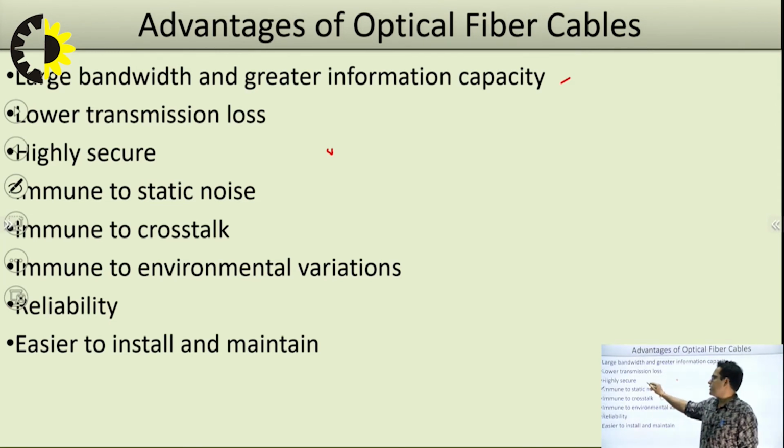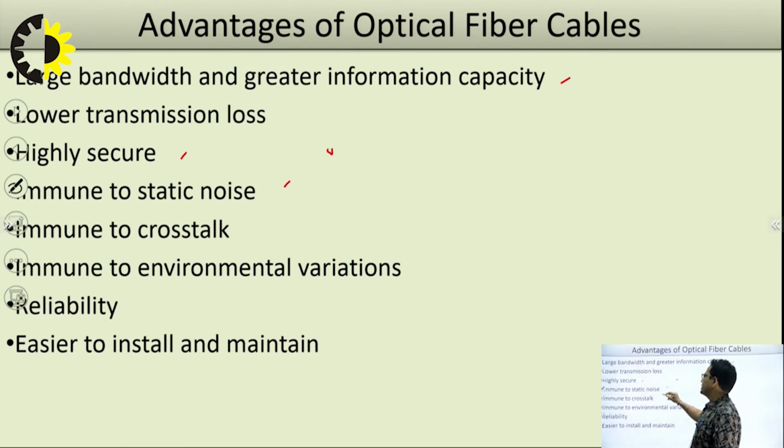The third advantage is that it is highly secure, because there are various layers that are formed: the core, then the cladding, then after the cladding various levels of coating, and finally a jacket. So it's very difficult to tap the information, and it is also free from electromagnetic interference.